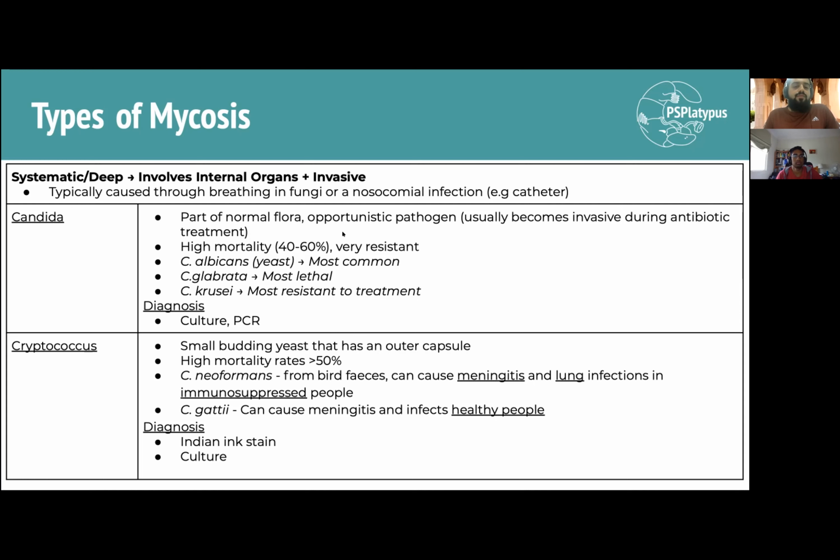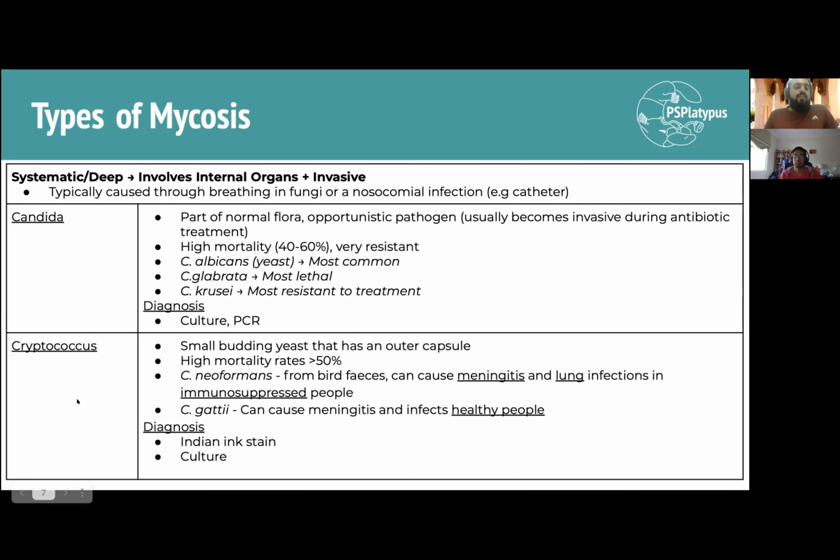It can be part of normal flora, an opportunistic pathogen. It's very dangerous, with a very high mortality, 40 to 60%. It's very resistant to treatment. We have these specific examples here, and it can be diagnosed through culture or PCR.